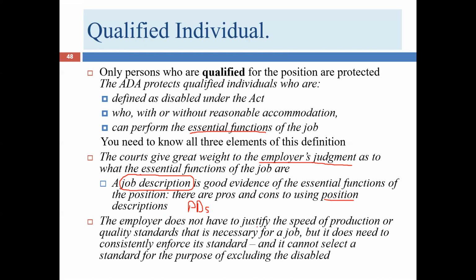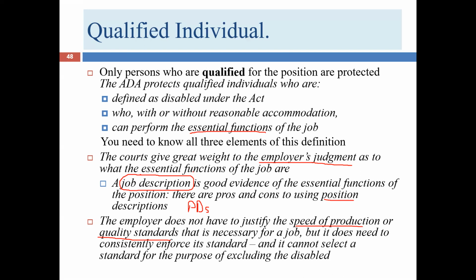So an employer does not have to justify the speed of production or quality standards that are necessary for the job. So let's say you require somebody to assemble 10 widgets an hour. The court is not going to be free to say, well, that should have only been 8. That's not reasonable. No, the employer gets to decide how fast the people need to work.